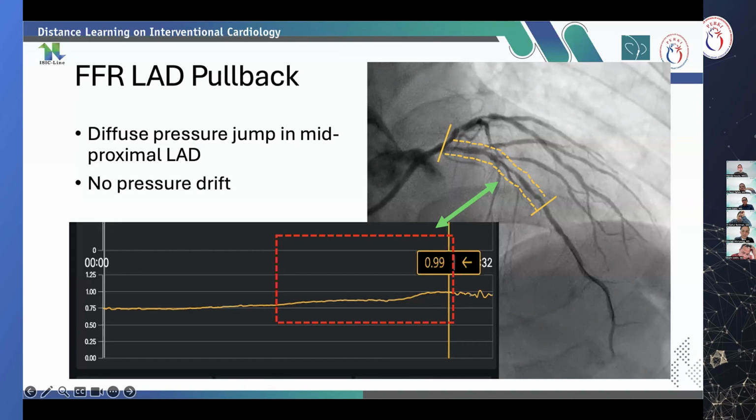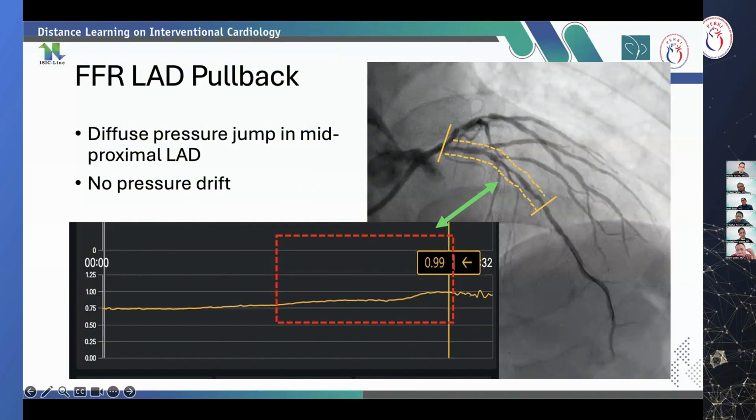Provisional stenting. Maybe, as Dr. Nanda says, there is potential occlusion of the LCX. If we think the procedure will compromise the LCX, we think about an upfront two-stent strategy.